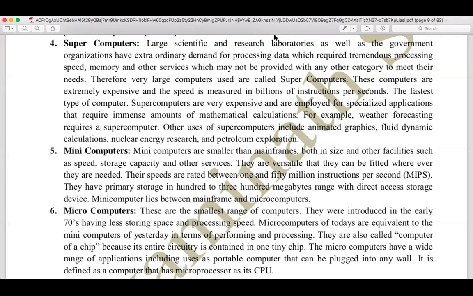That comes under microcomputers. And microcomputers basically come with the microprocessor, and it was inbuilt in the CPU.